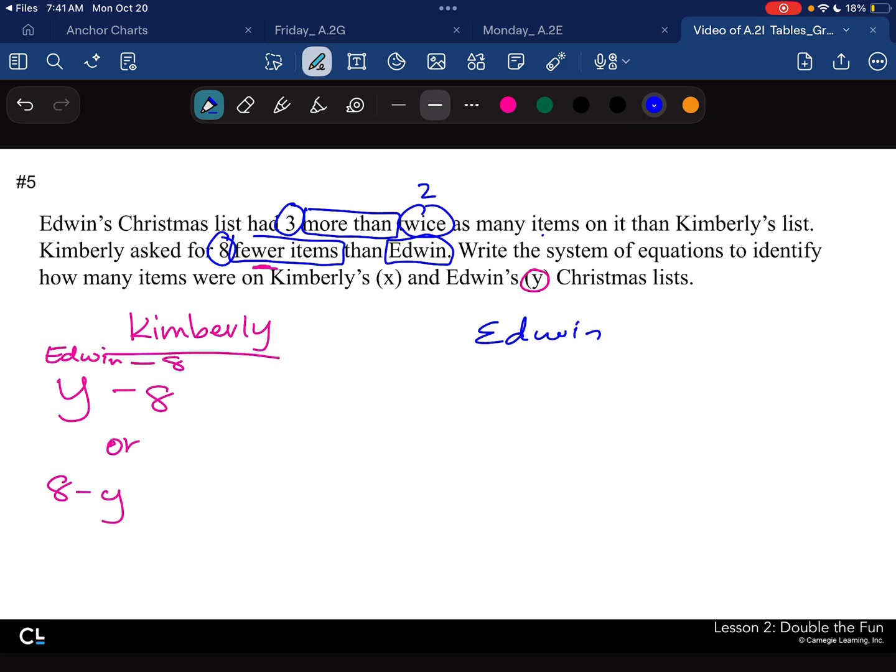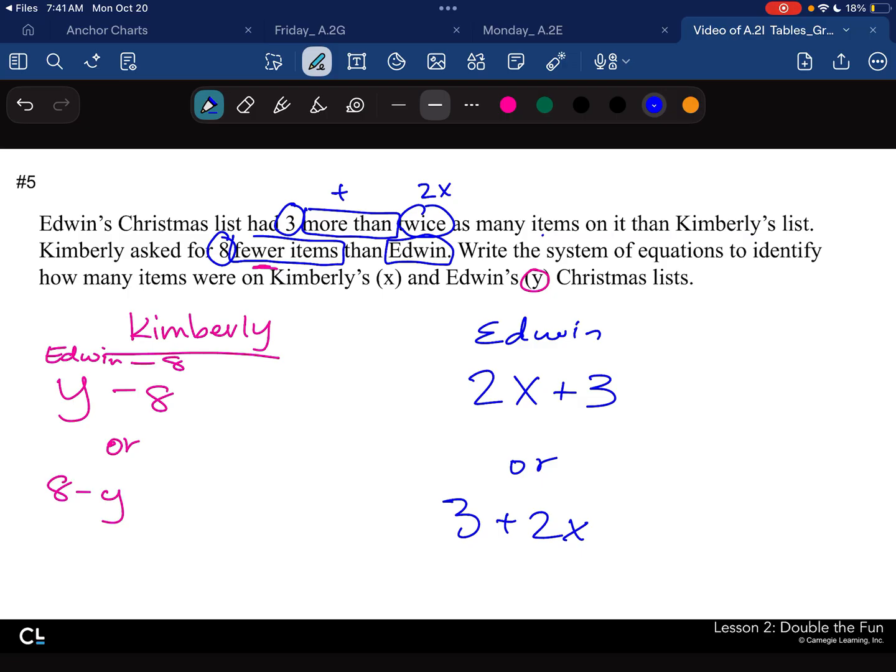Twice as many is a multiplication, so it's like 2 times. And Kimberly represents x. So Edwin's equation would be 2x, more than is plus 3. Or you could have put 3 plus 2x.